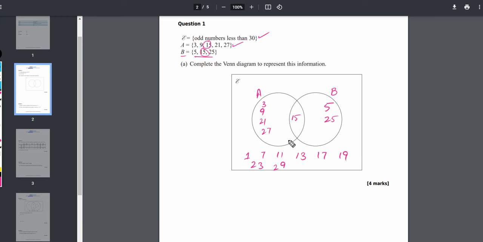So these are the elements that will be outside the sets A and B, and these are inside. So this is how we'll complete our Venn diagram. With the help of this Venn diagram we'll be able to find the probabilities in the next part. So let's move on to the next part.